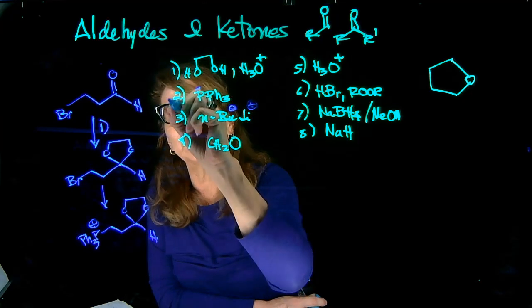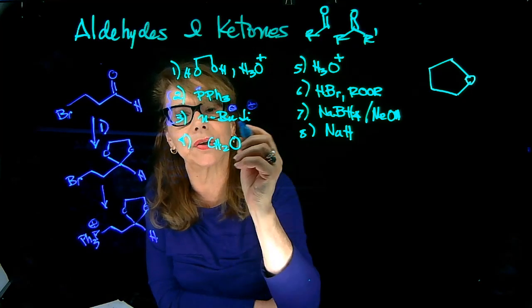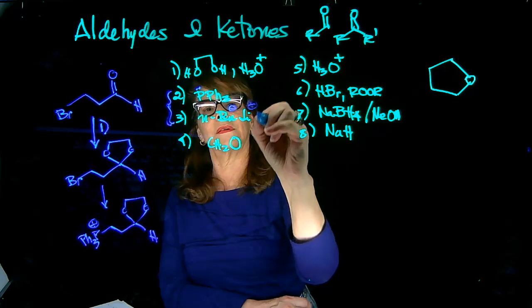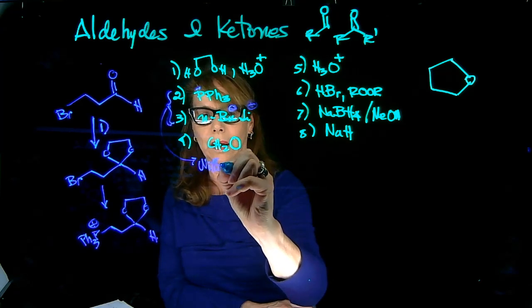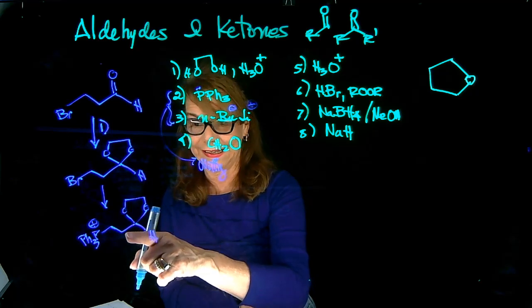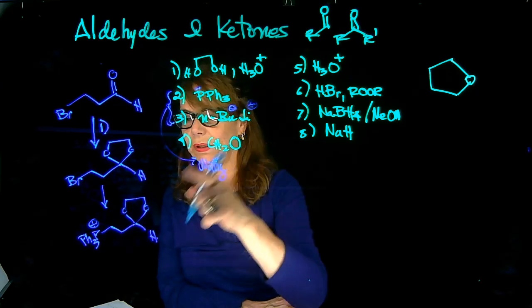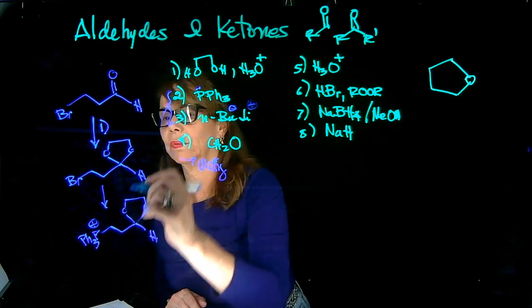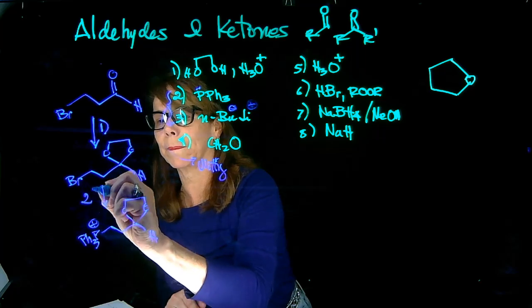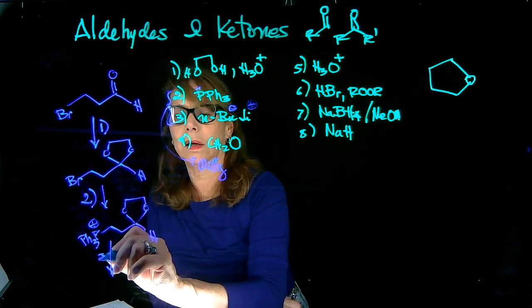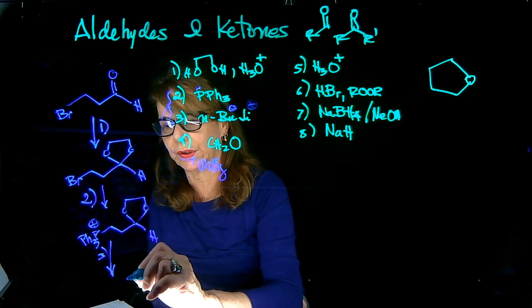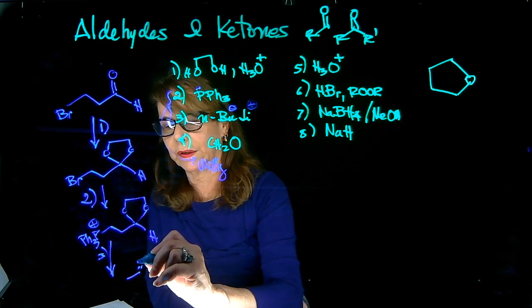These 2 steps are to make the Wittig reagent. I'm going to write that down. This is making a Wittig reagent. So by using butyl lithium, this was reaction 2. In reaction 3, I'm going to remove one hydrogen here, so I'm going to have this negative.